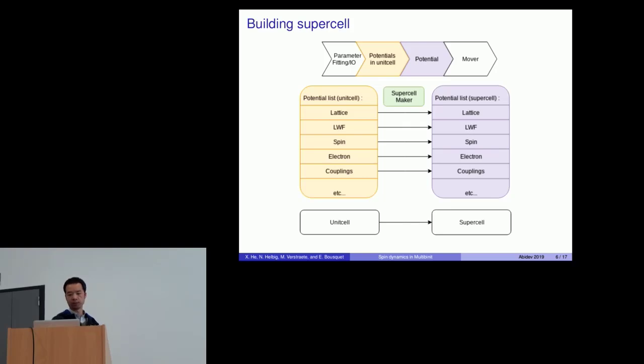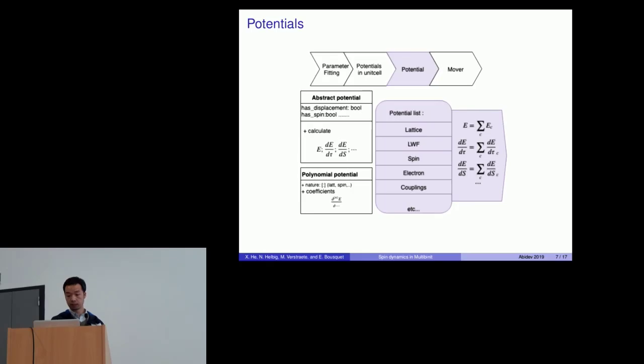Using this primitive potential, we can build supercell potentials using a helper class, a supercell maker. So each of them should be easy to go between primitive cell and supercell, and they should be consistent. And the most important one, the physics, is in the potential.